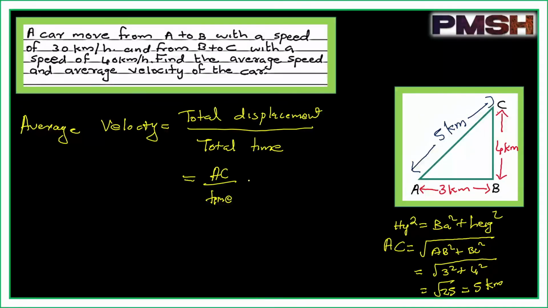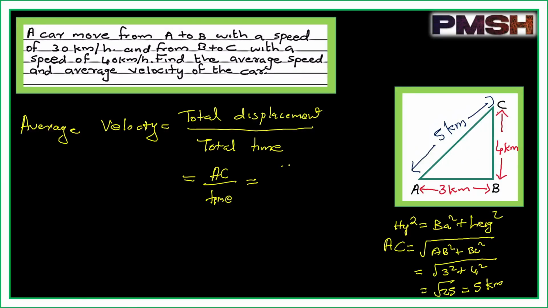So what do we do now? We need the time. Okay, we need the total time. So total time, as we have already found earlier, it will be 1 by 10 plus 1 by 10. Isn't it? Okay.